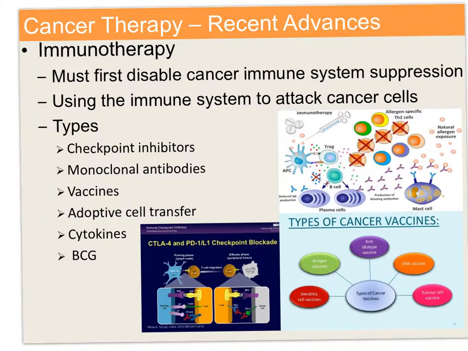Well, these checkpoint inhibitors, now they're actually extending life up to a couple of years, which is a tremendous amount when you think about cancer therapy. In fact, some of those treatments, for some patients, they actually are completely cured of the cancer.